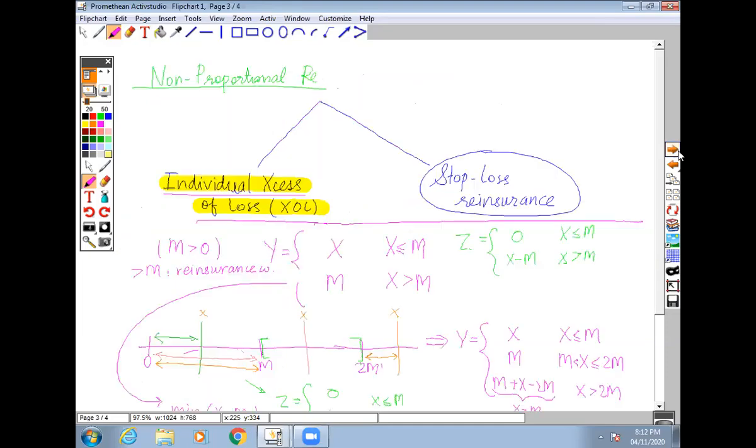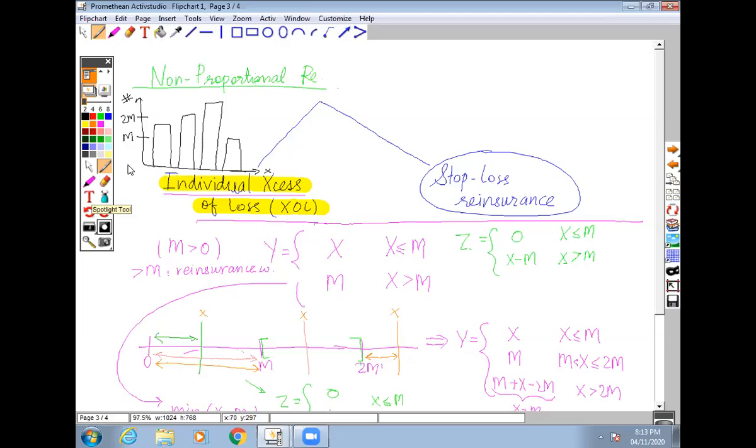Yes. And if I were to draw the individual excess of loss, it would be something like this. This is X and this is again the frequency. Let's say my M is right here and my 2M lies somewhere here. The reinsurance company basically says that I'll pay for everything which exceeds the value of M, but it also has to be lower than 2M.